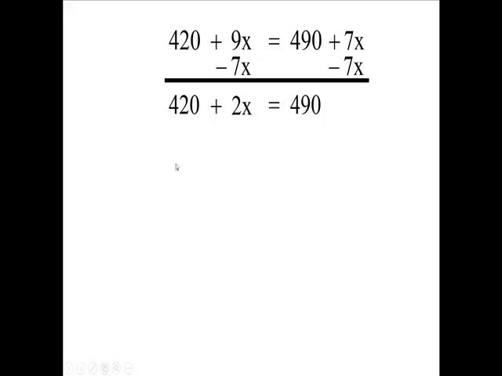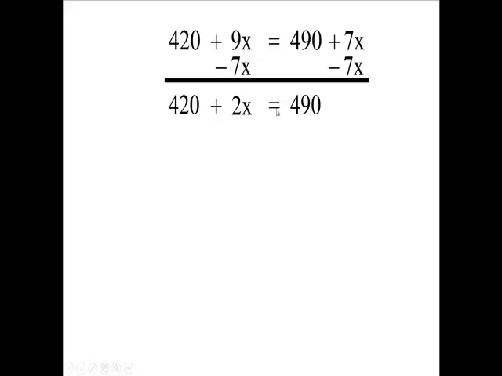I want to get rid of the number next to the x. What number is right next to the x? The number next to the x is the 2, all right? Now, that's called the coefficient of the variable. And you only get rid of the coefficient when you have two terms. Right now I have 1, 2, 3 terms. So I can't get rid of the 2. So what other number is close to the x?